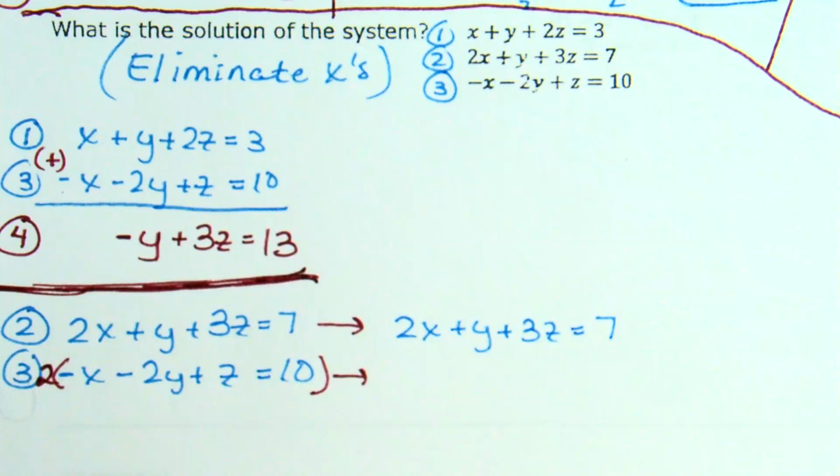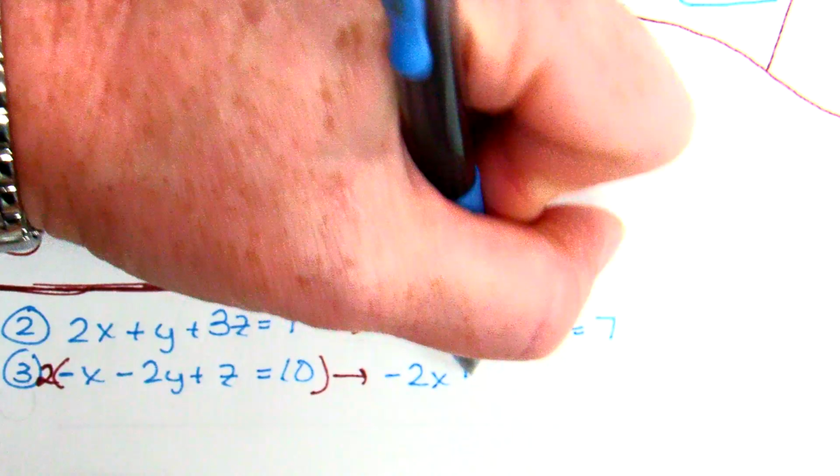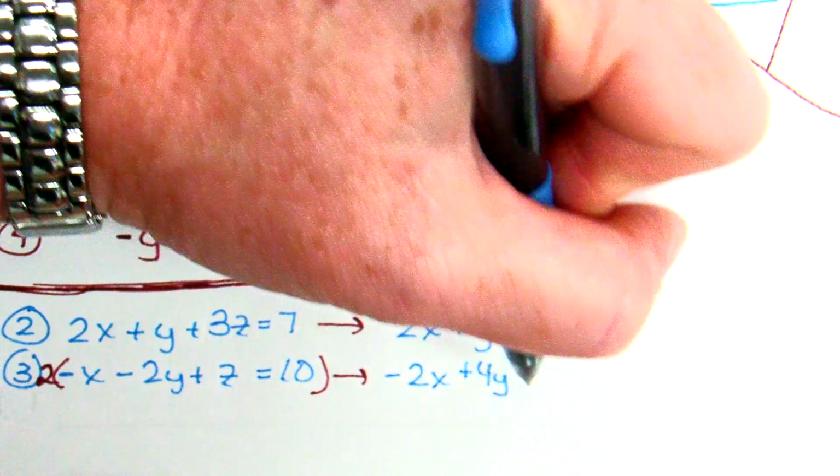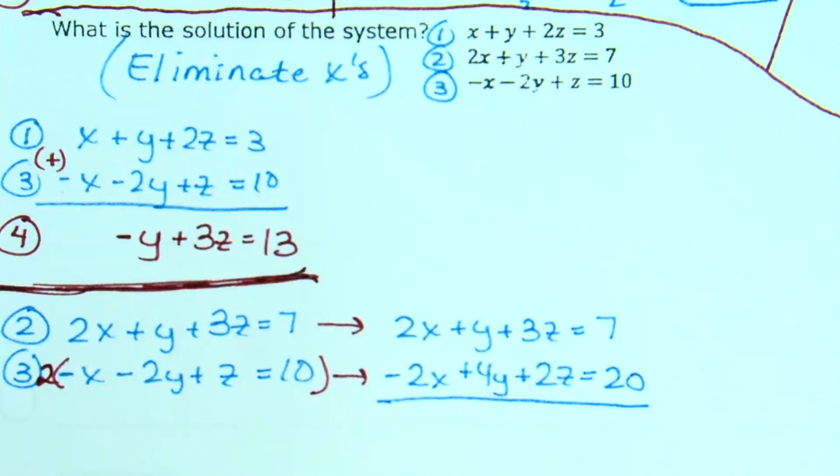My bottom equation, when I multiply it by 2, negative 2x plus 4y plus 2z equals 20. Please multiply that other side of the equation by a number. That was a mistake on quizzes yesterday.